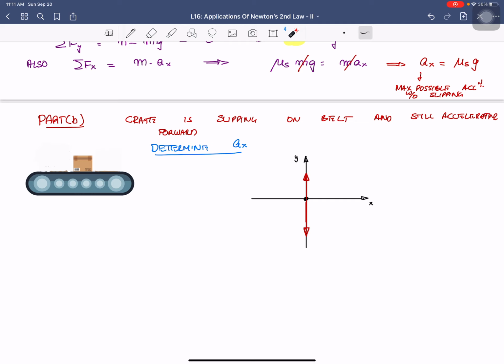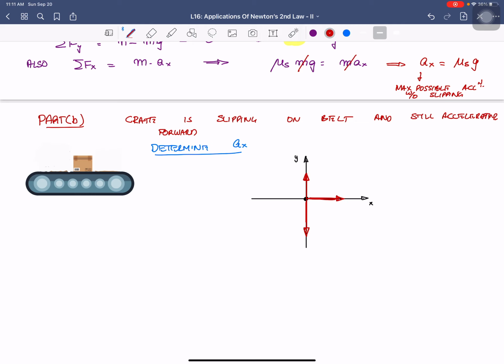Relative to the conveyor belt, the crate is moving in that direction. And so the force of kinetic friction is opposing that motion, and it is going to be in this direction right here. So we have the force of kinetic friction directed this way.